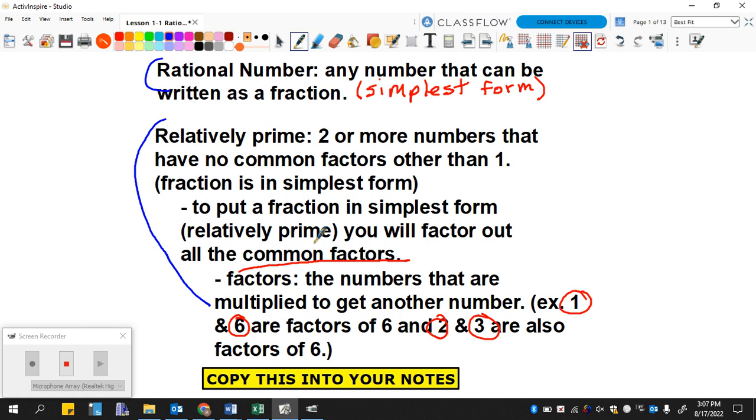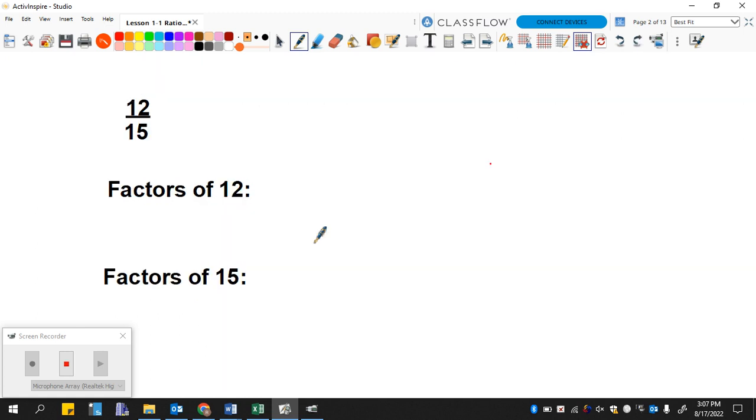All right, so now that you have copied those notes down, let's do some examples. The factors of 12: we can go 1 times 12, 2 times 6, and 3 times 4. The next one would be 4 times 3, and we start repeating ourselves.